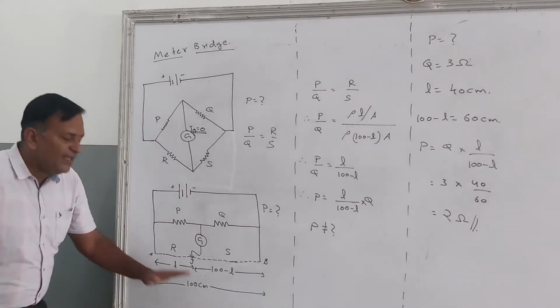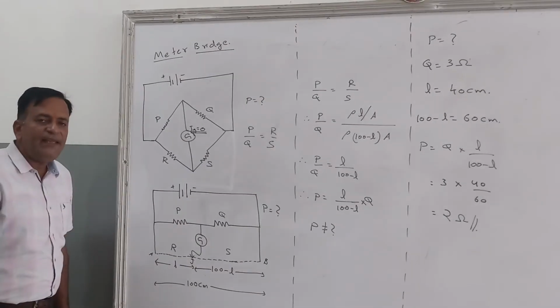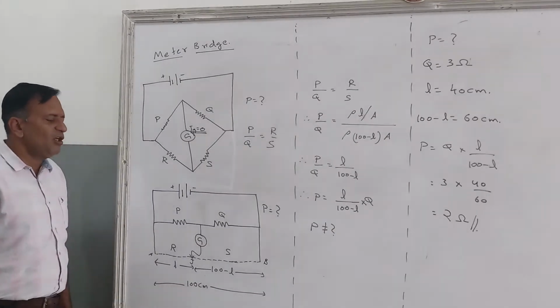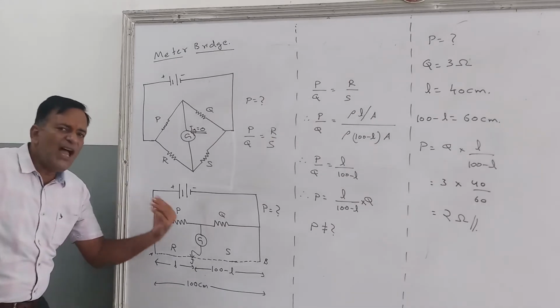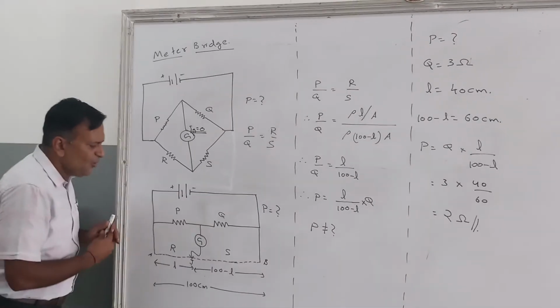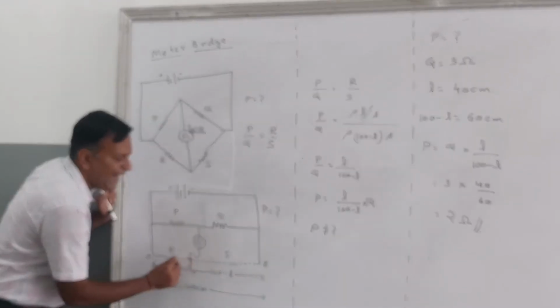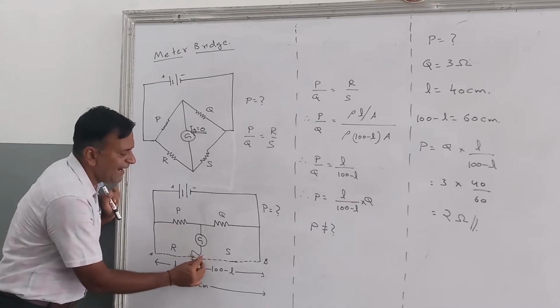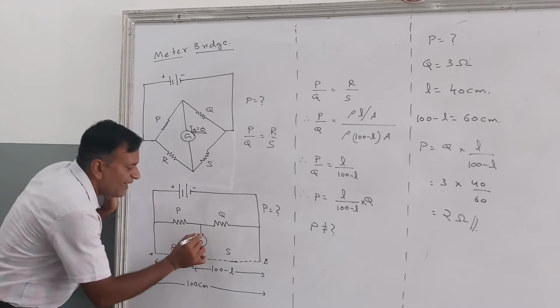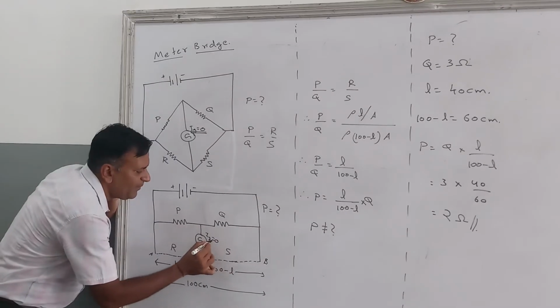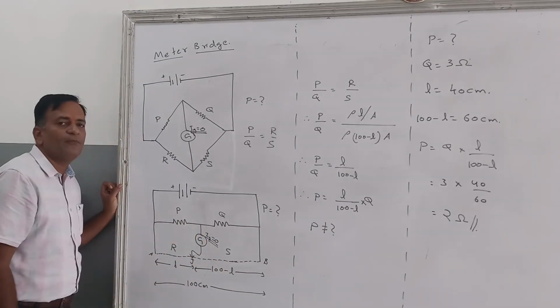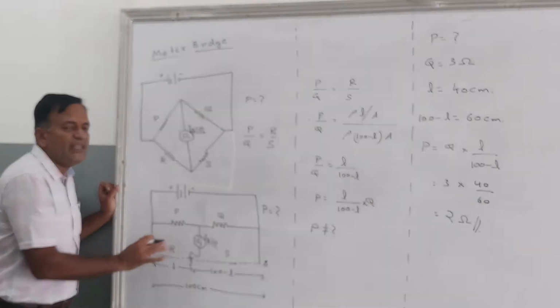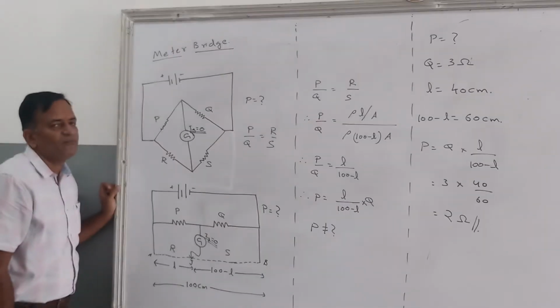So this is the most simplified manner in which a meter bridge looks. What you have to do is move this contact here and there, till the current in the galvanometer becomes 0. That means you have to achieve the balance condition.